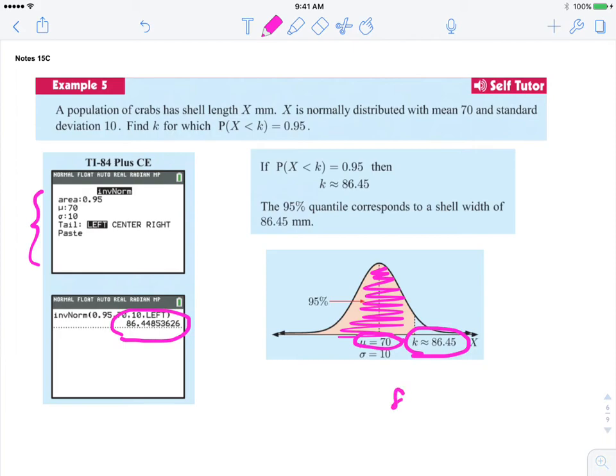And that's 86.45 millimeters. So the population of crabs has a shell length x millimeters. X is normally distributed with a mean of 70 and a standard deviation of 10. Find that K value so that 95% of those crabs will be 86.45 millimeters or less.